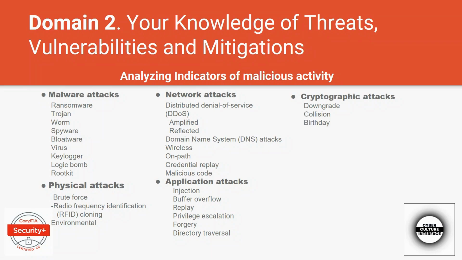Then the birthday attack is based on the birthday principle in mathematics, whereby the question is what is the probability that two persons in a room will have the same birthday. This happens in cryptographic attacks when you are hashing or encrypting.